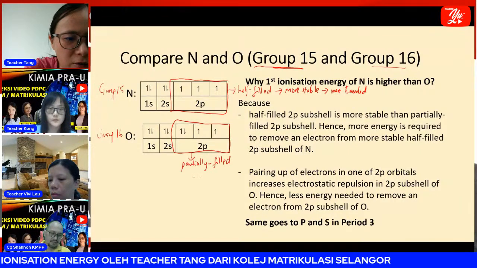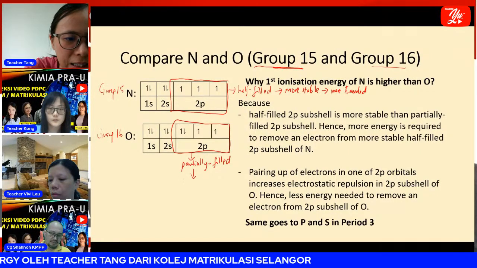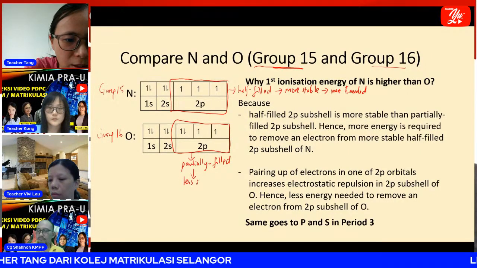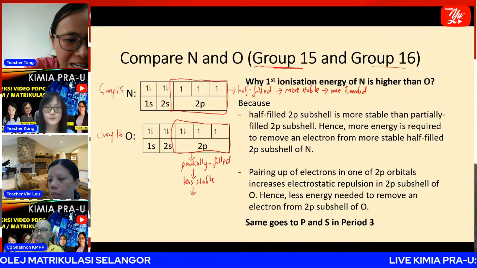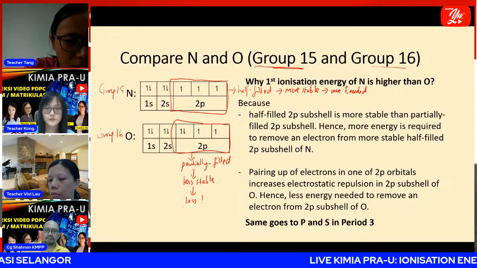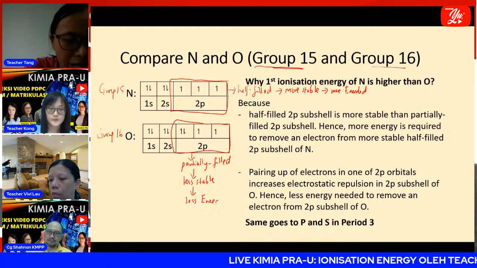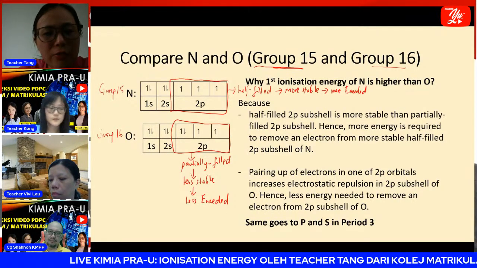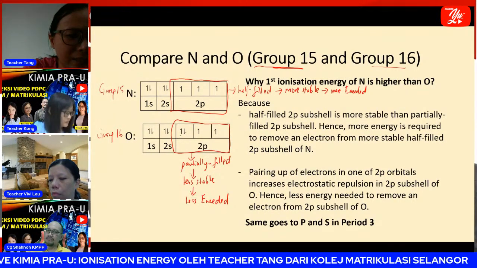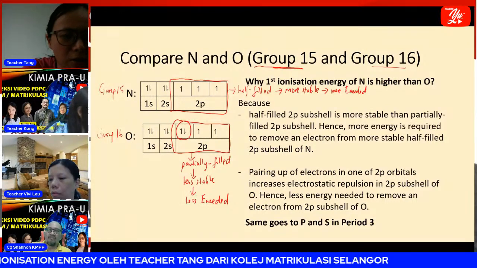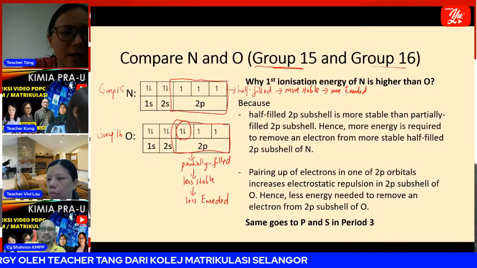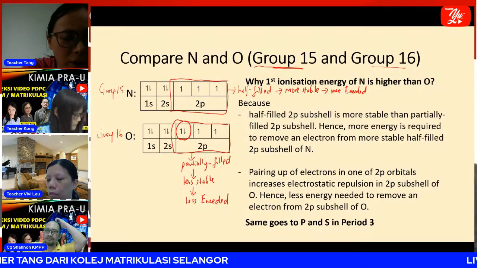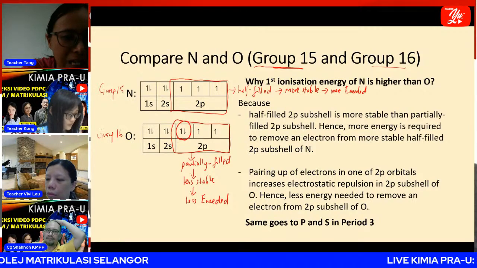So a partially filled 2p subshell is less stable. Therefore, less energy is needed to remove an electron from the 2p subshell. Another reason is that in oxygen, a group 16 element, one of the orbitals in the 2p subshell has electron pairing.